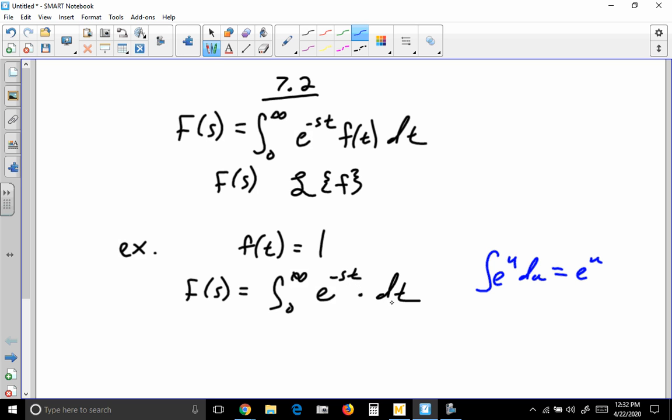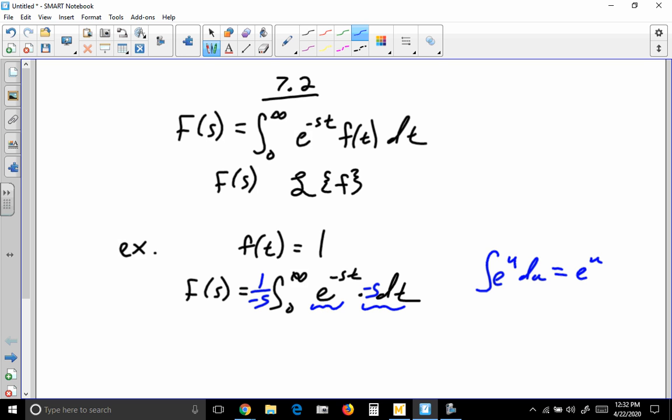But we need to make this fit our u. So if u is negative st, with t being the variable, the derivative of that is negative s. So we need a negative s here and a 1 over negative s out front. So now this is e to the u, and that's du.